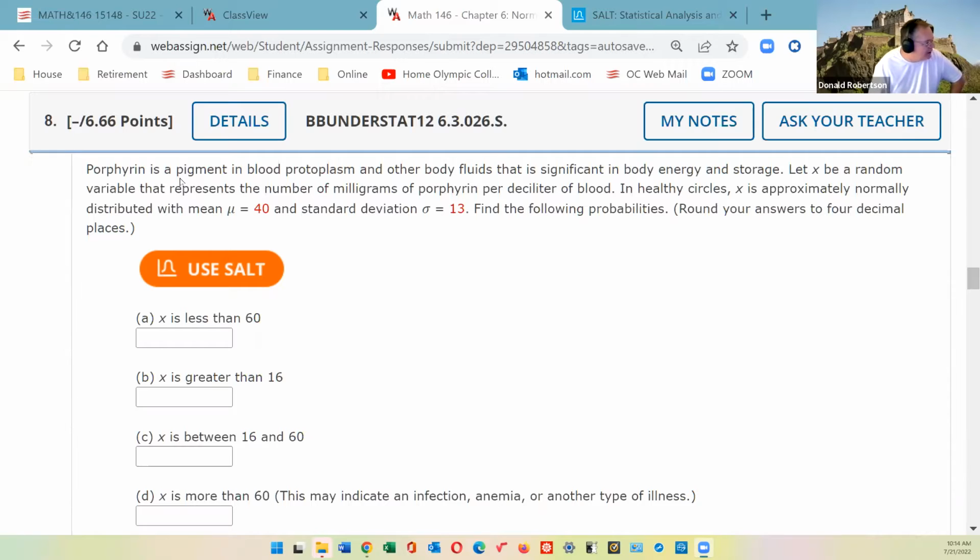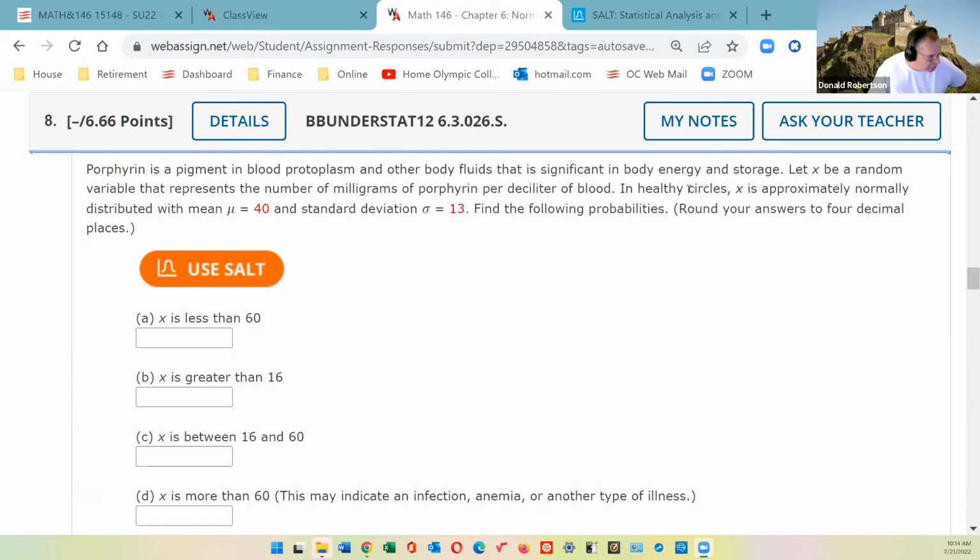Okay. Properin is a pigment in blood, protoplasm, and other bodily fluids that is significant in body energy and storage. Ah, so that's the stuff that flows through your blood that your blood can suck up and burn so that we can move. Let X be a random variable that represents the number of milligrams of this stuff in your blood.